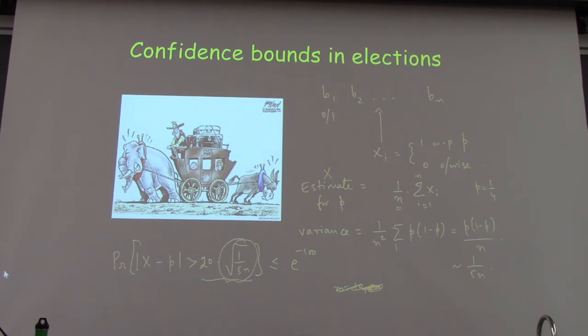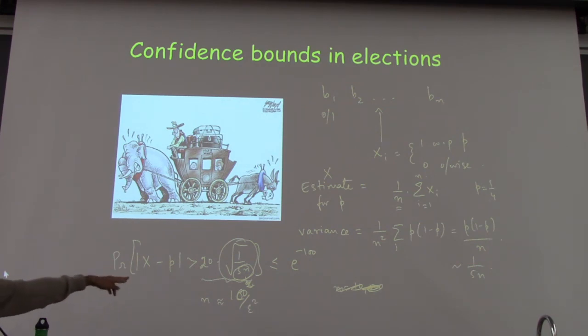Suppose I pick n to be equal to some c by epsilon squared, so let's think of it as 100 by epsilon squared. Then you can see that the probability that this differs by more than epsilon is extremely tiny. You can do the calculation here.